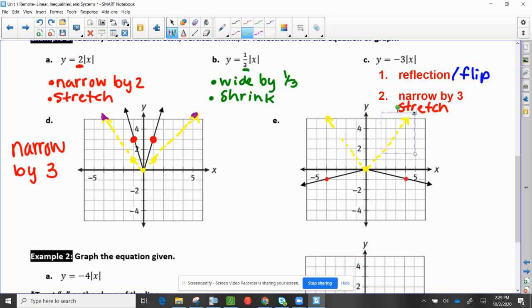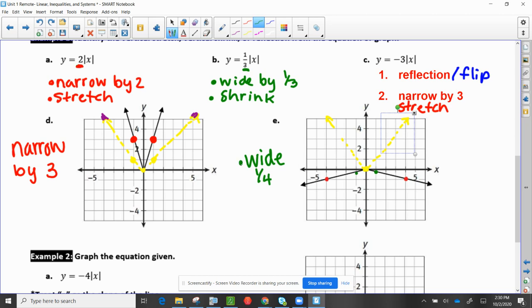So if we compare that to the graph that was drawn for us on E, this graph is definitely more wide. And we can see that it went out by a factor. So how wide out did it go? It went out by 4. So you can see that it only goes up by a little bit, but this is wide by a factor of 1/4.